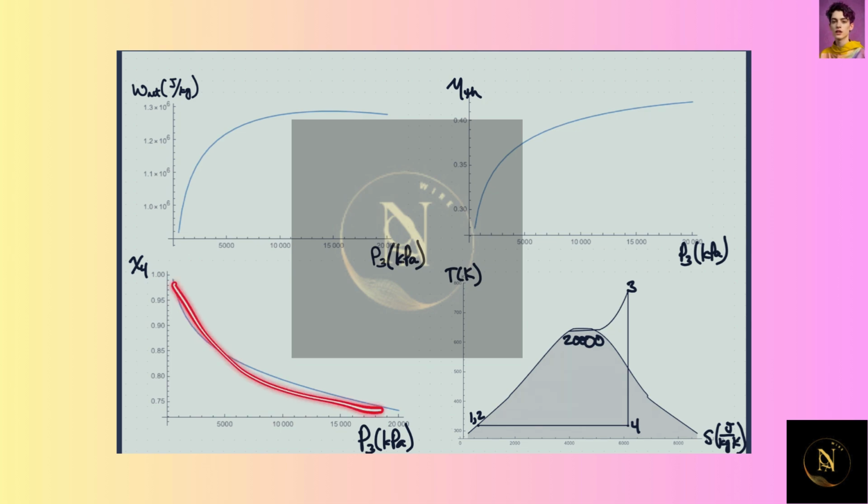We can see here that the quality factor does indeed stay below 1. And here's the cycle. If we had a different pressure, we'd wind up at the same temperature, but out here. So the quality factor goes up as our pressure goes down.